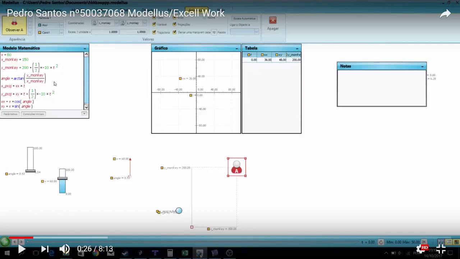So angle we calculated with an arctan. Arctan is basically what we do on paper with tangents with a -1 on top.